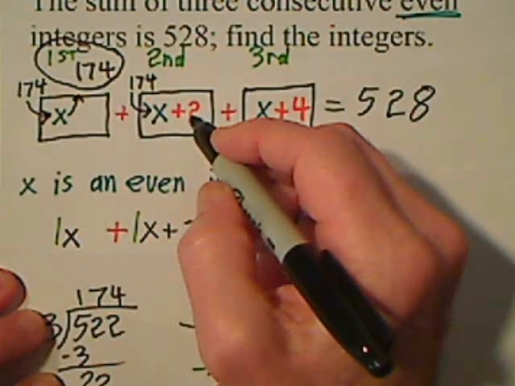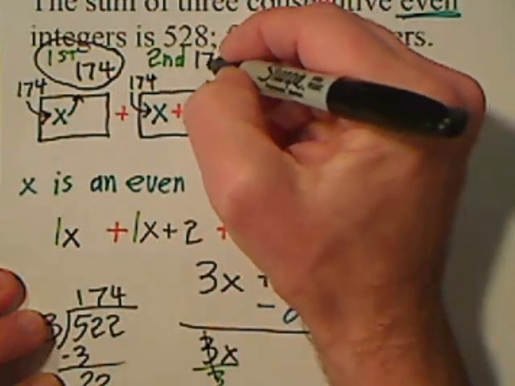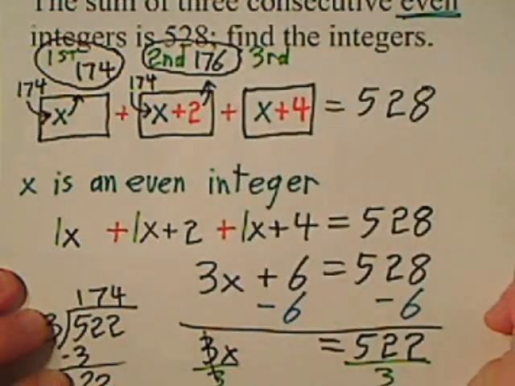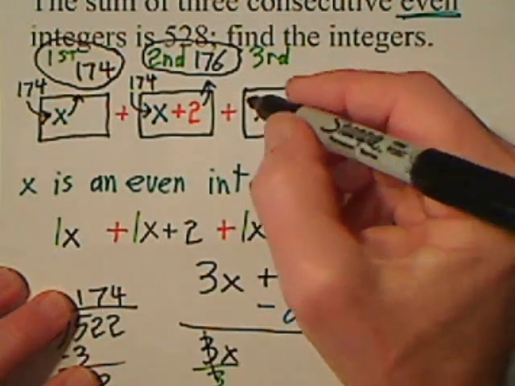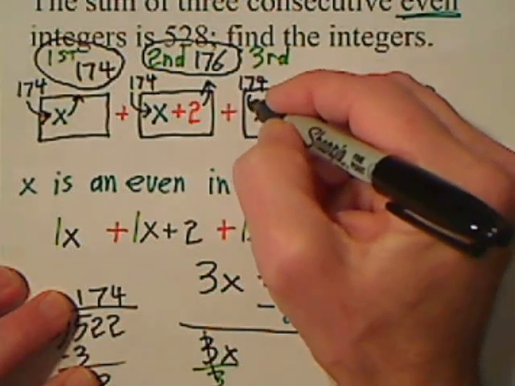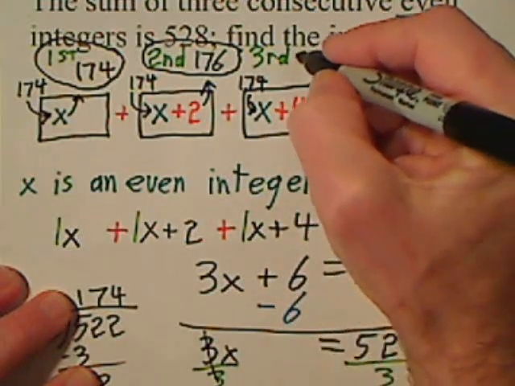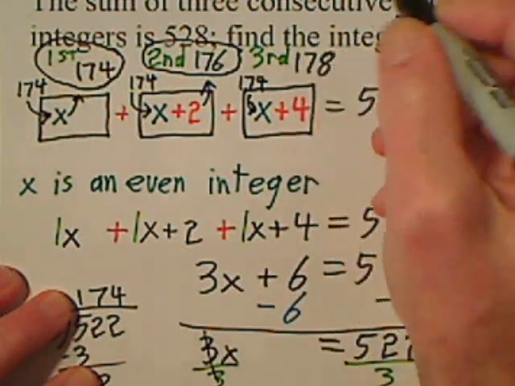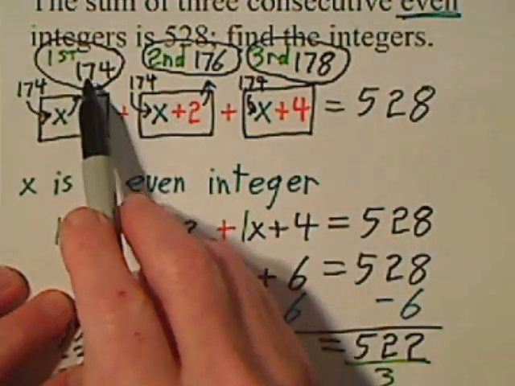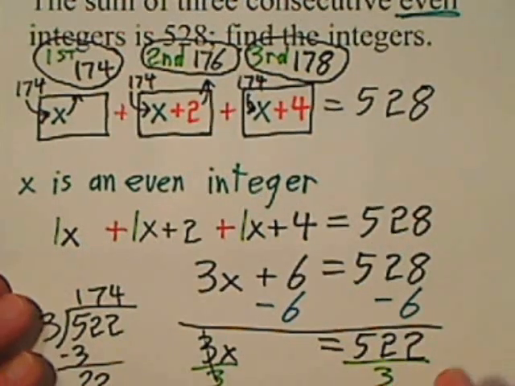So 174 plus 2, 176. That's our second integer. Take your 174, plug it in where x is. 174 plus 4 is 178. So that's our third integer. If you add up these three integers, you will get 528.